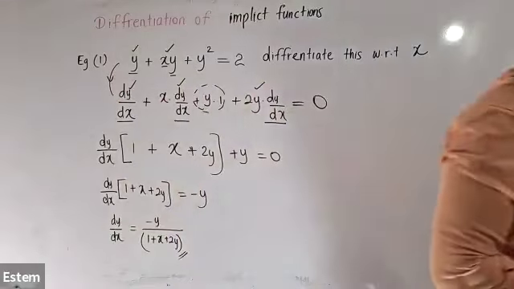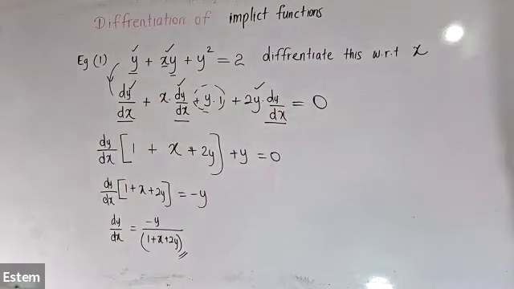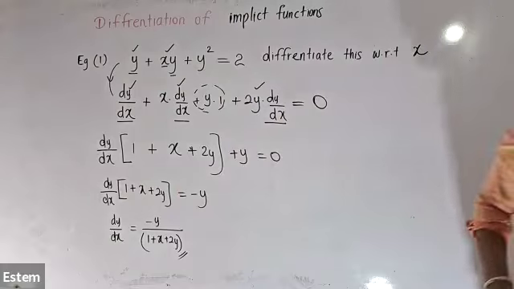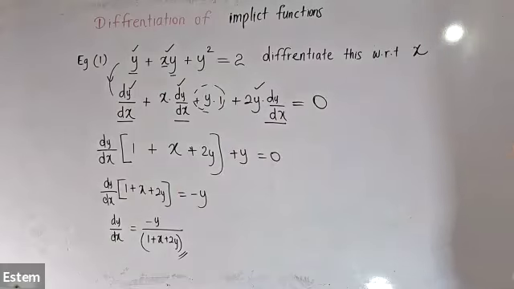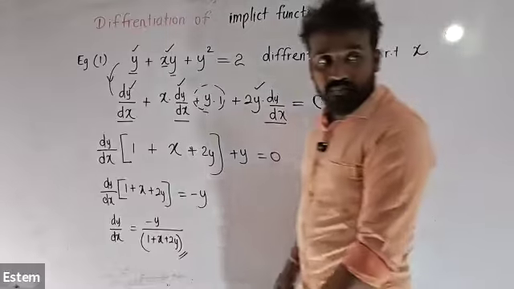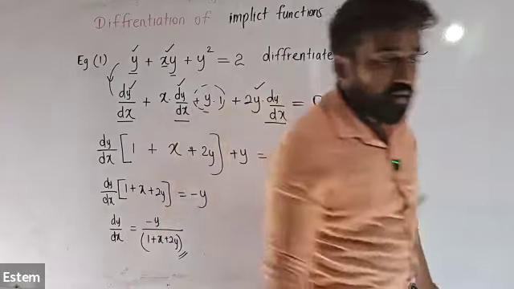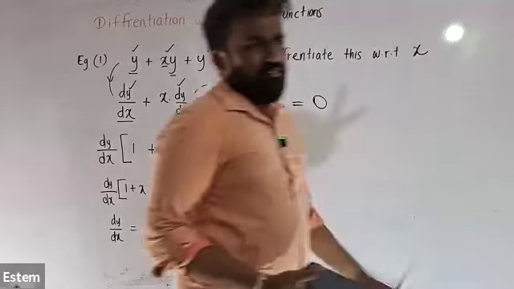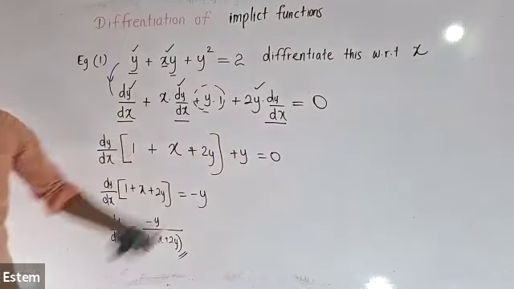If you have any question, any doubt, please ask me. Otherwise, I will go to example number 2. Sure, you sent, I will see. So have you any questions here? Any doubts here?